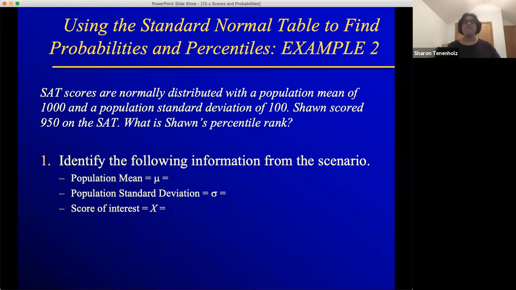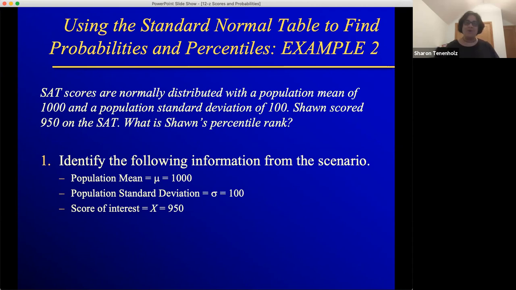So we're going to start off in exactly the same way by identifying our information. Here, we have a population mean of 1,000, a population standard deviation of 100, and a score of interest, Sean's score, of 950.